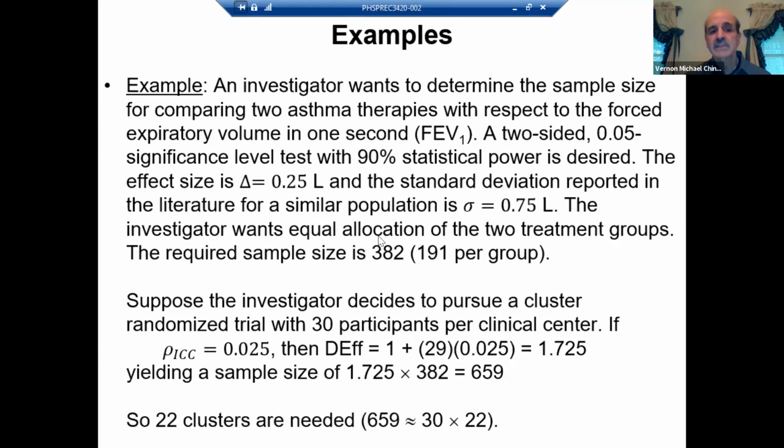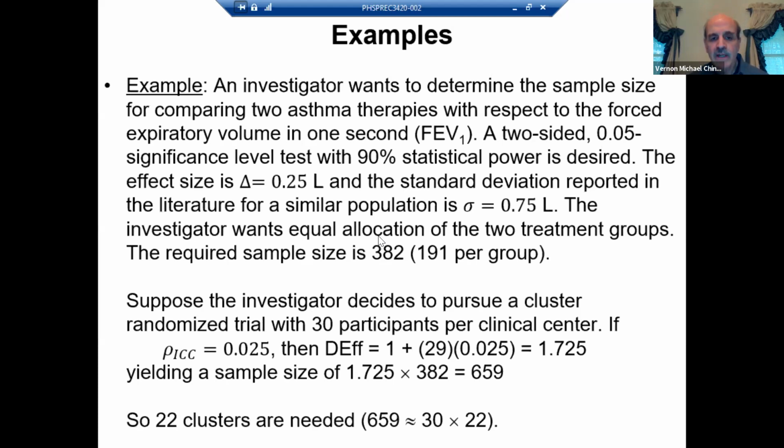And the effect size that the investigator wanted to detect was a difference of 0.25 liters between the two therapies. And using reports from previous studies in the literature, the investigator estimated that the standard deviation was 0.75 liters in a similar population of people with asthma.